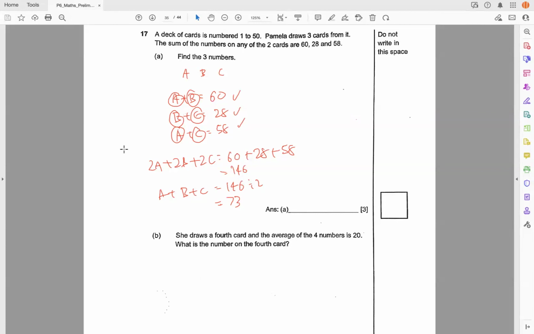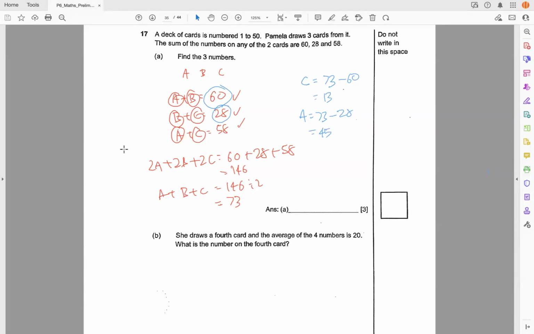If I want to find C, I minus away A and B, right? 73 minus 60, I get 13. If I want to find A, I minus away B and C, 73 minus 28, 45.